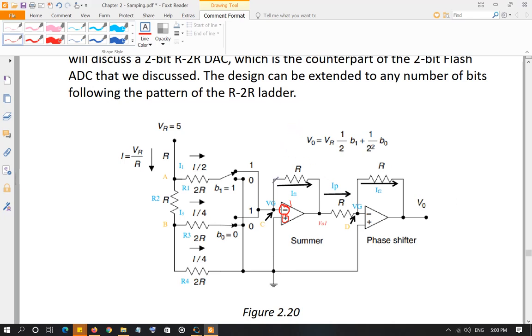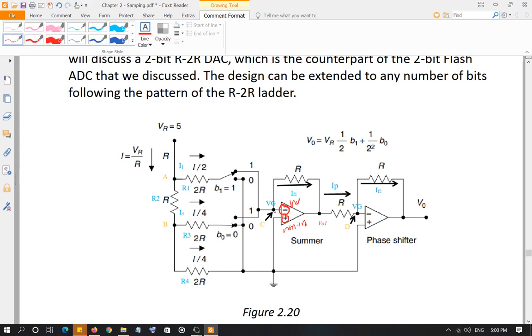Let's see. This is the inverting input, INV, and this is the non-inverting input. Whatever the voltage at the non-inverting input of an operational amplifier, the same voltage appears at the inverting input. Why? At this time, let's not worry about this. If you have taken linear integrated circuits, you know why.